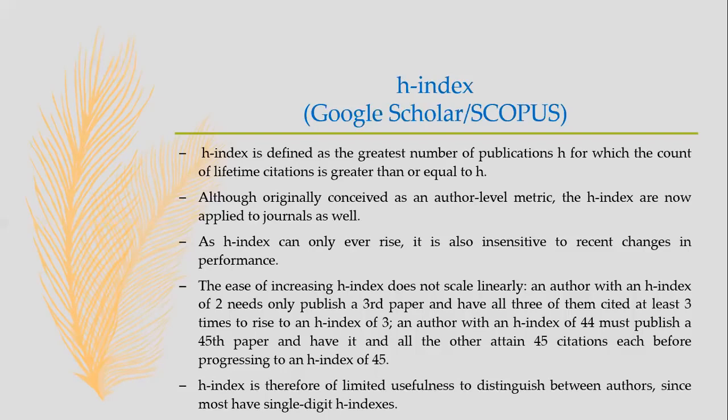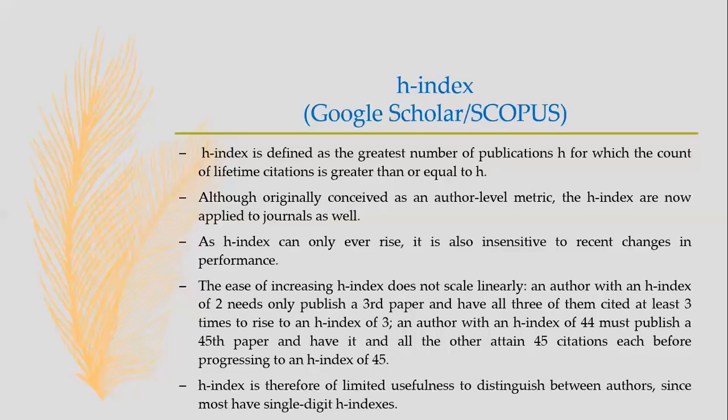Suppose you already have 44 papers because your H index is 44, but the 45th paper that you have must be published, and all the 45 papers must now have 45 citations. So it means you need one more citation on all the previous papers that you have published, and at the same time you need 45 citations on this final paper.